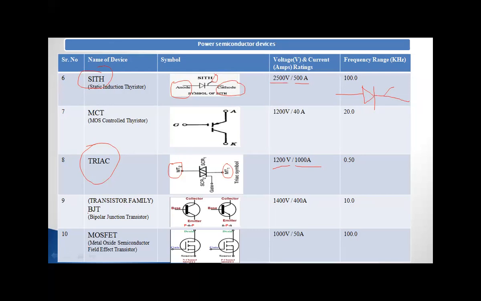Next one, the transistor family. BJT, what is the full form of BJT? Bipolar junction transistor. I think you have studied it in EDC. What are the terminals of the BJT?